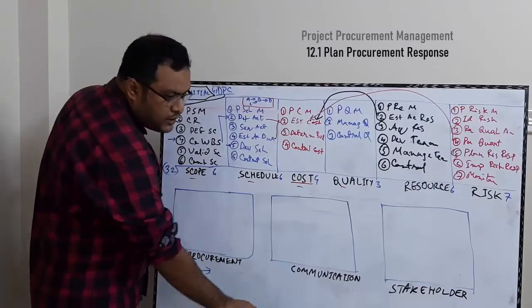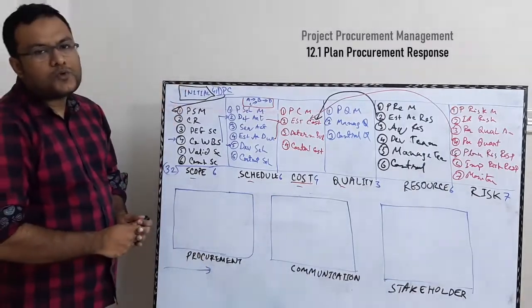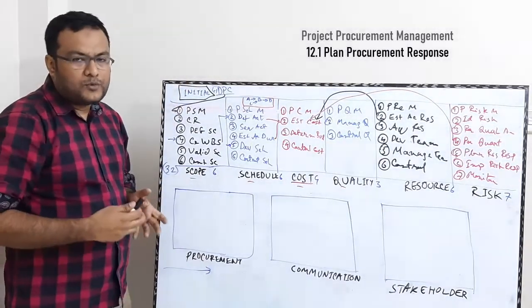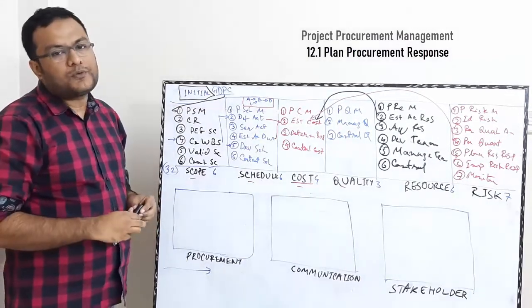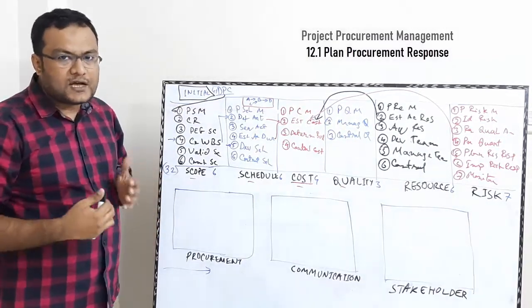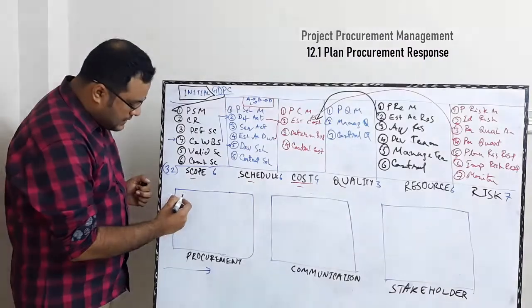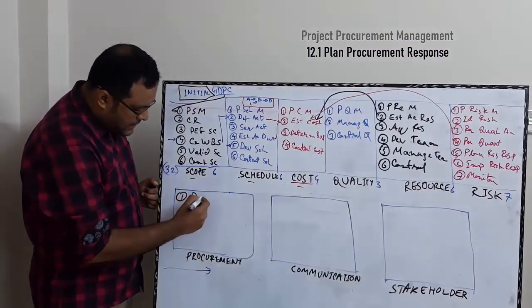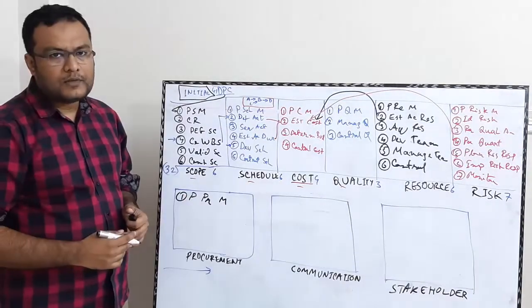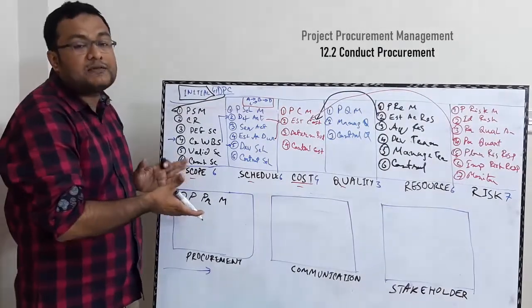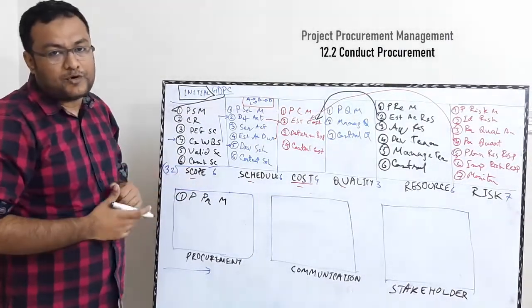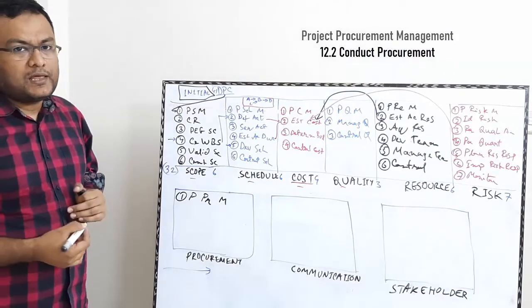If you want to procure, you need to know when to procure, what to procure, how much of it to be procured, whether it is a product, a service, or something like that. So that is defined in the plan procurement management. Now you may have identified some prospective sellers in the plan procurement management process as well.